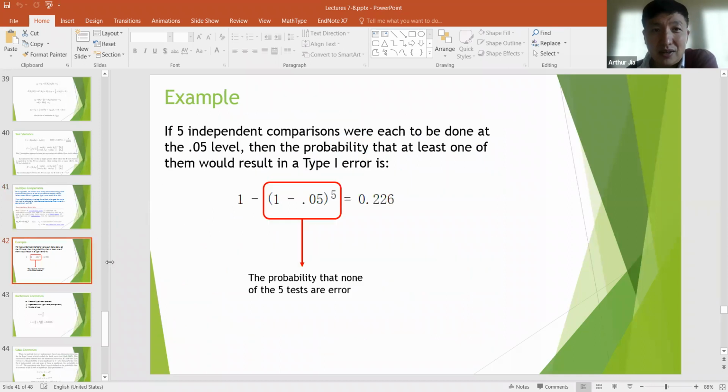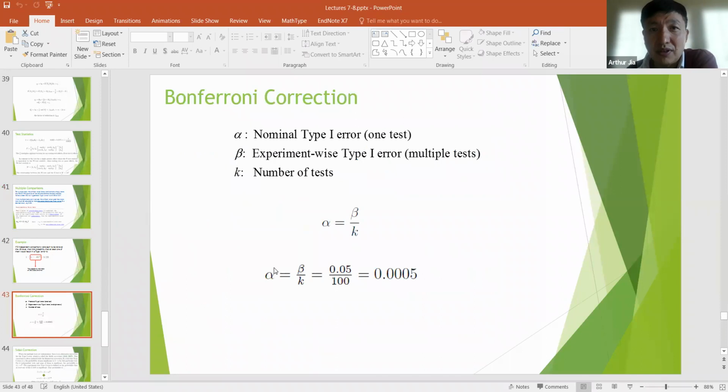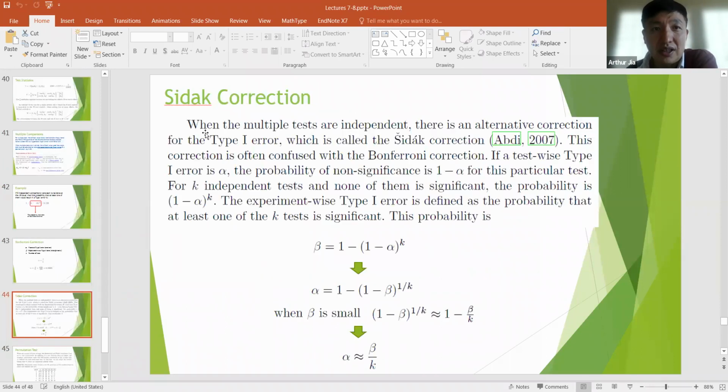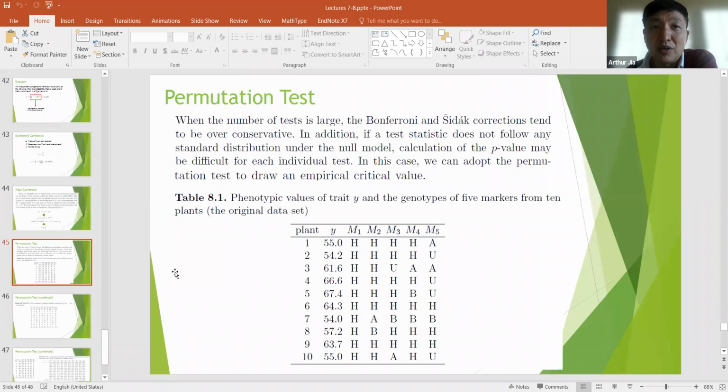We talk about the Bonferroni correction and also other corrections, and we can also do the permutation test to help us deal with the inflated, family-wise type 1 error.